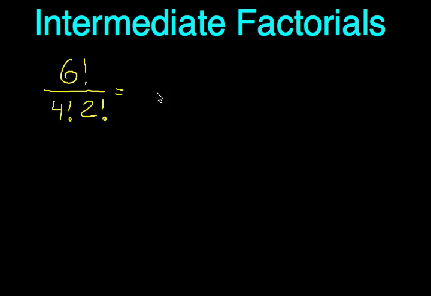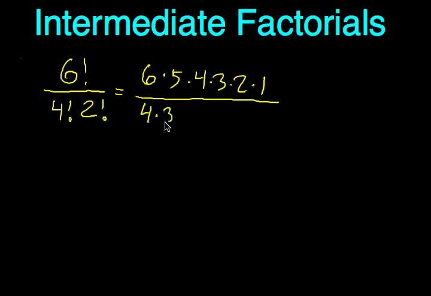So just for the sake of showing everything, we're going to write the whole thing out as if we didn't know the previous trick. 6 times 5 times 4 times 3 times 2 times 1 all over, now 4 factorial is 4 times 3 times 2 times 1, and 2 factorial is 2 times 1. So now let's start canceling things out.